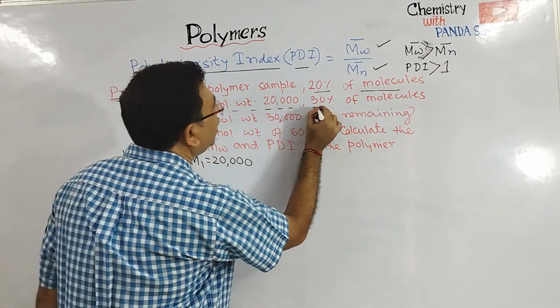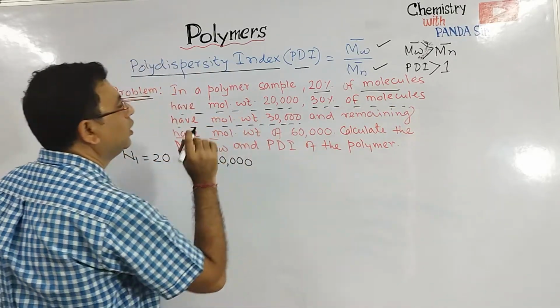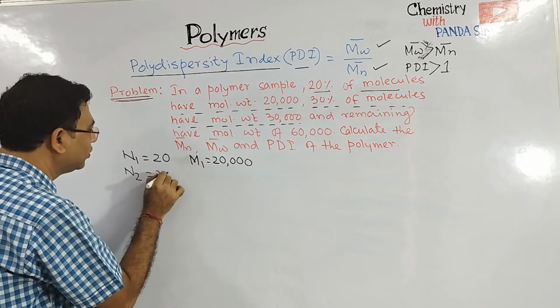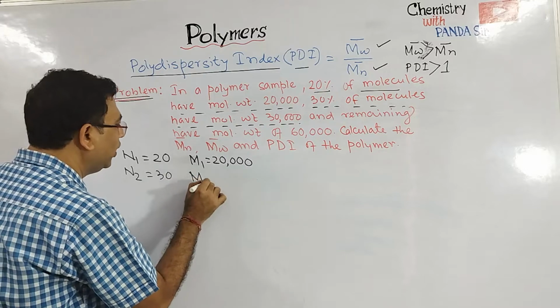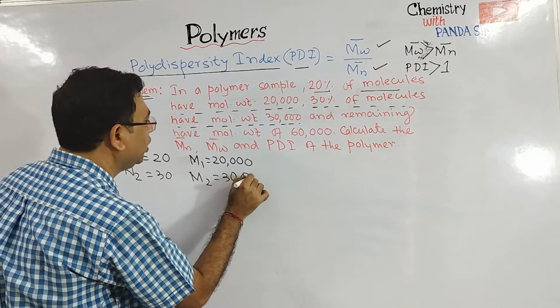And then 30% of molecules have molecular weight 30,000. It means the value of N2 is 30 and the value of M2 is 30,000.